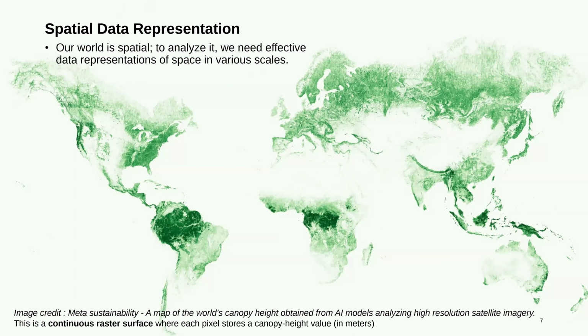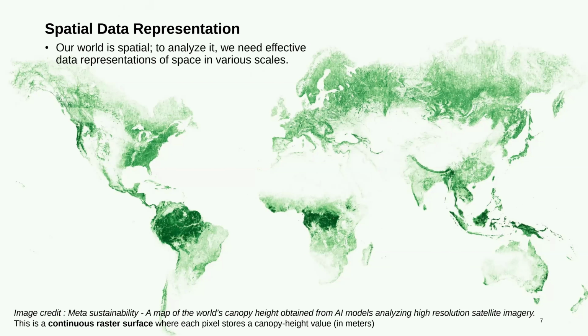We live in a 3D world, so we have our surroundings, and our habitat is actually spatial. We would like to model it computationally so we can analyze it efficiently, because no human can process things at this scale. So we would like to have a good data representation which fits the data that we have, so we can convert it into information that matters.